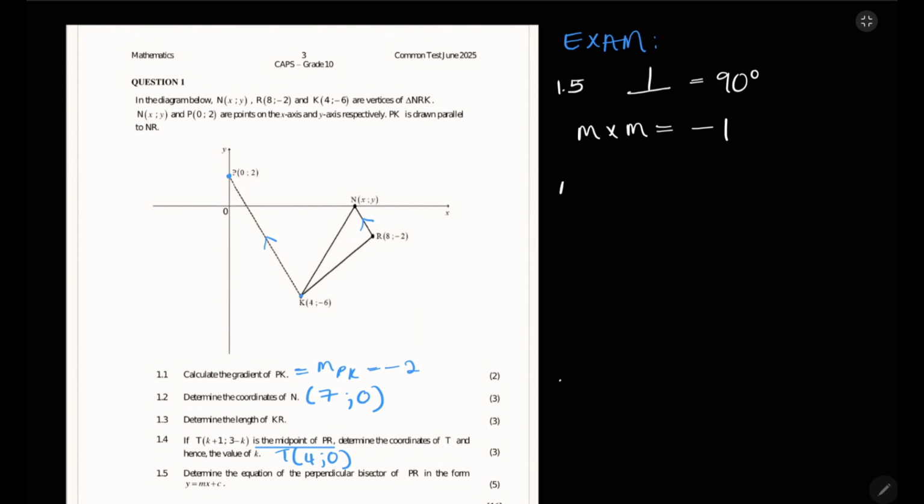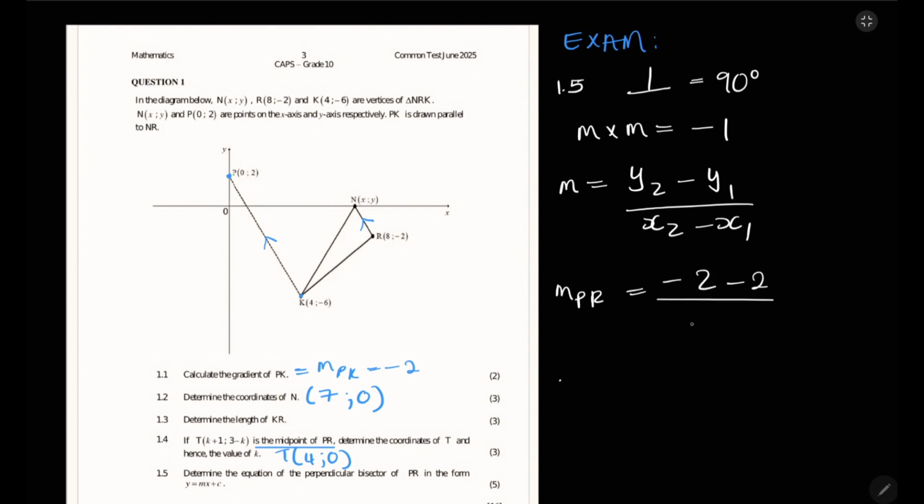The gradient formula is m = (y2 - y1) / (x2 - x1). So the gradient of PR will be (-2 - 2) over (8 - 0), remember to label your points. When you punch this in your calculator, your answer will be -1/2.